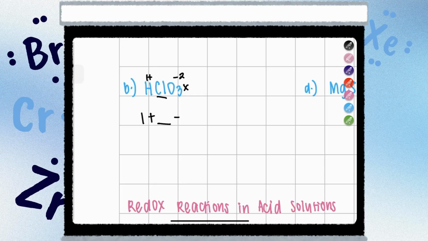It will give us negative 6. So it equals to 0. So now we have to find the number here to satisfy this equation. So we can say that x equals positive 5. So the oxidation number of chlorine is equal to positive 5, since 1 plus 5 minus 6 is equal to 0.